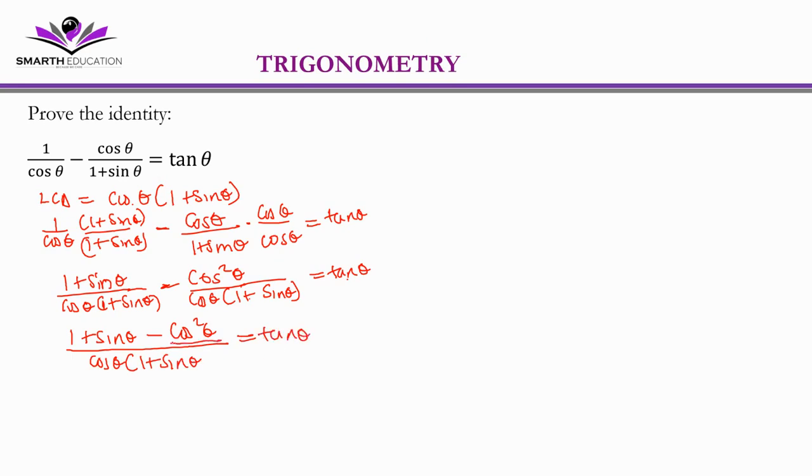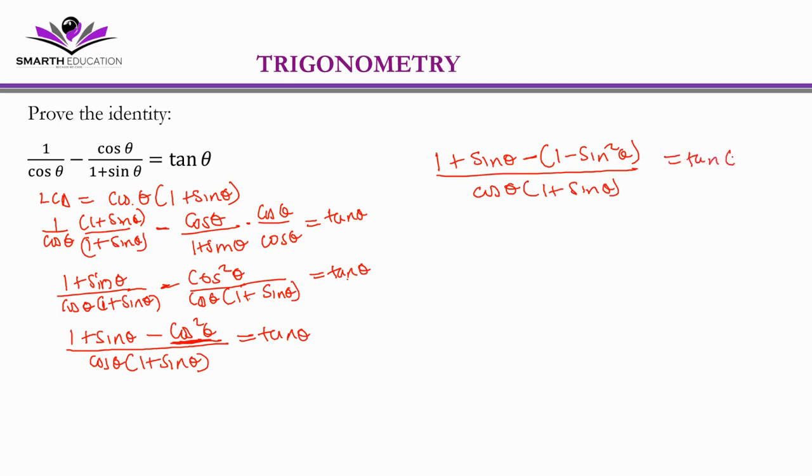And then we say cos squared theta is equal to 1 minus sin squared theta, isn't it? So we're going to replace cos squared theta with 1 minus sin squared theta. So it becomes 1 plus sin theta minus the bracket 1 minus sin squared theta, all over cos theta times 1 plus sin theta, is equal to tan theta.